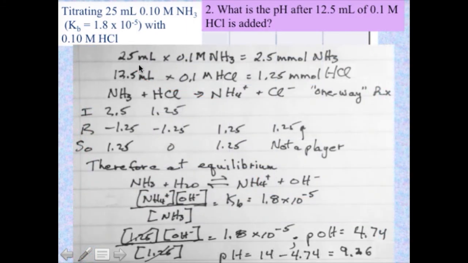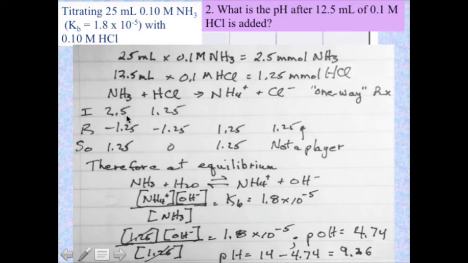Well, first we find the millimoles of the ammonia. We get 2.5 millimoles of ammonia, and 12.5 milliliters times 0.1 molar HCl equals 1.25 millimoles of HCl. We have a one-way reaction to do first before we think of an equilibrium, because the ammonia is going to react with the HCl in a one-way reaction, not an equilibrium, to form ammonium ion and chloride ion.